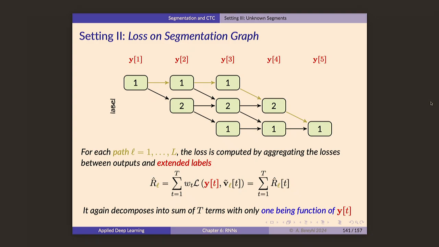So if this yellow one is the optimal path, it tells you to call the third frame the first label, the fourth frame the second label, and the last frame the last label. But it might be that this is the optimal path, and then the allocation of the labels to the time intervals is different.